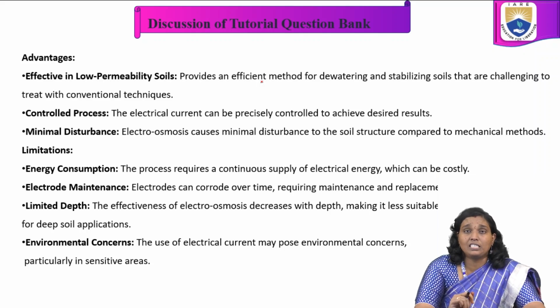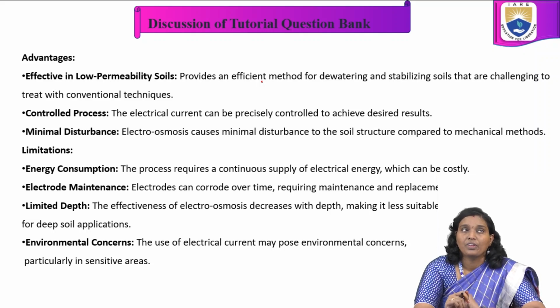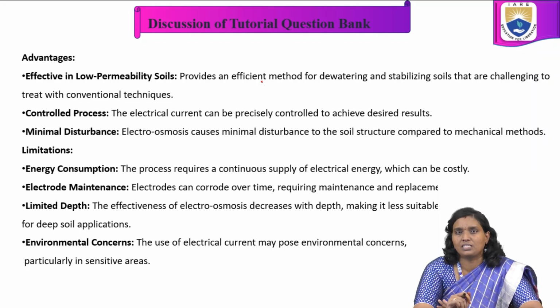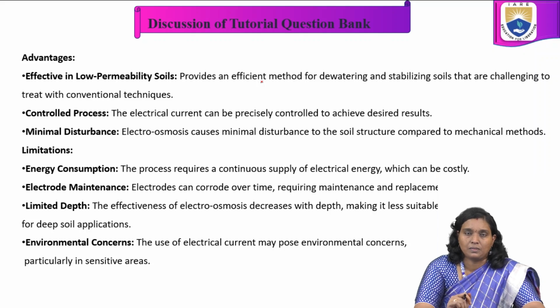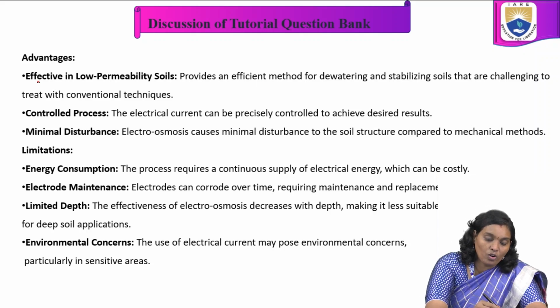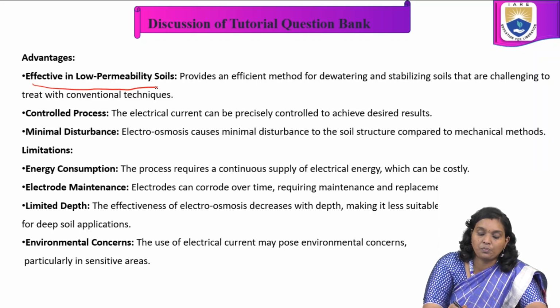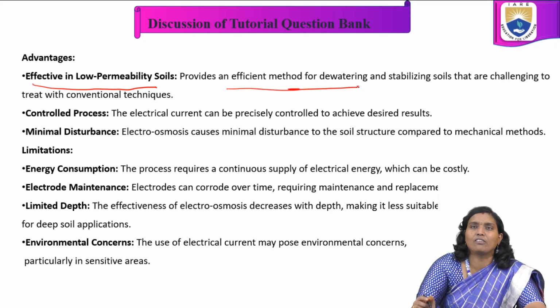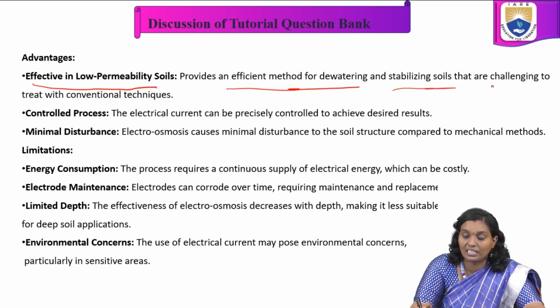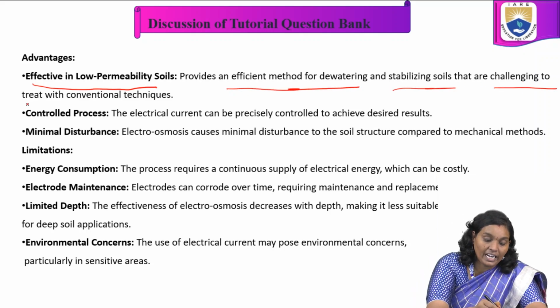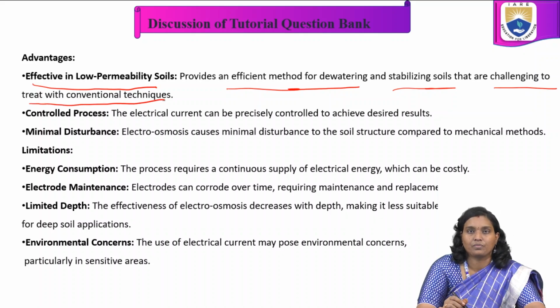Coming to the advantages of electroosmosis, it is effective in low permeability soil, it is a controlled process, and it causes minimal disturbance. It is effective in low permeability soil because it provides an efficient method for dewatering and stabilizing soils that are challenging to treat with conventional techniques.